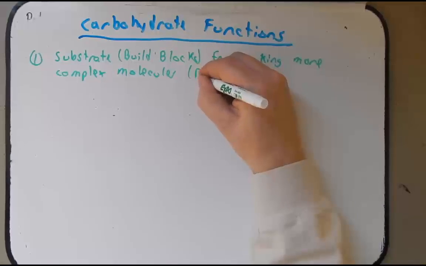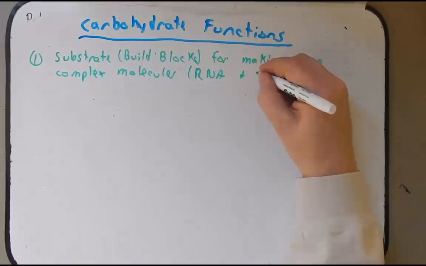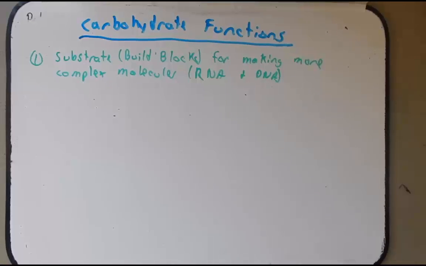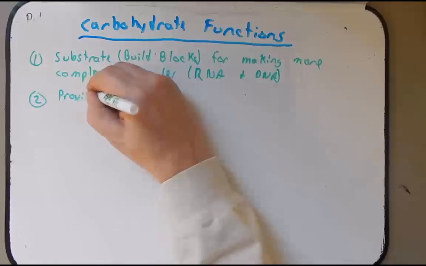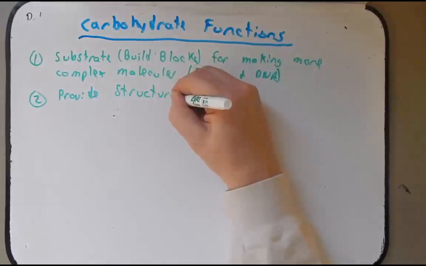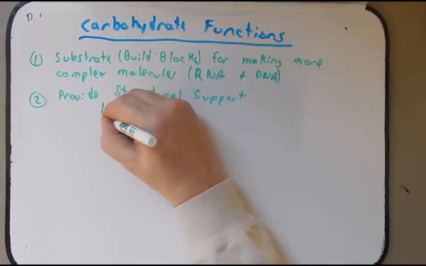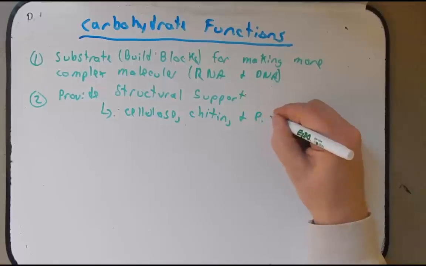And remember, we talked about how the ribose in RNA and the deoxyribose in DNA are examples of how carbohydrates serve as these building blocks. They provide structural support. And we've talked about that already when we talked about cellulose, chitin, and the peptidoglycans.